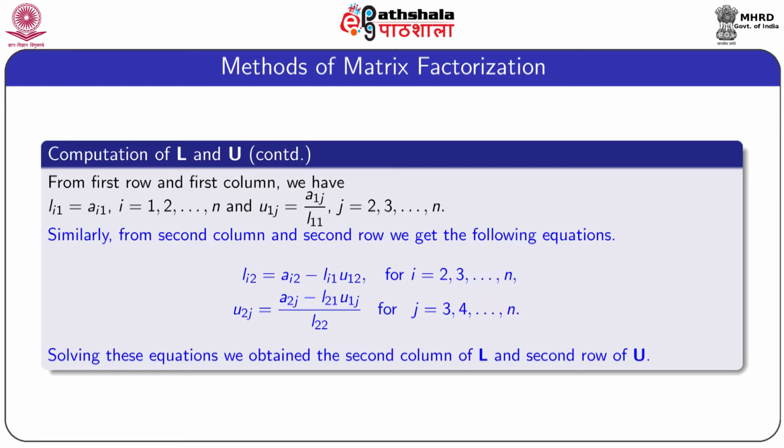Similarly, from second column and second row we get the following equations: Li2 equal to Ai2 minus Li1 U12 for all i equal to 2 to n, and U2j equal to A2j minus L21 U1j, whole divided by L22, for all j equal to 3 to n. So solving these equations, we obtain the second column of L and second row of U.